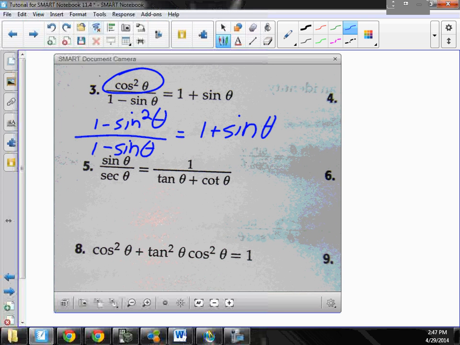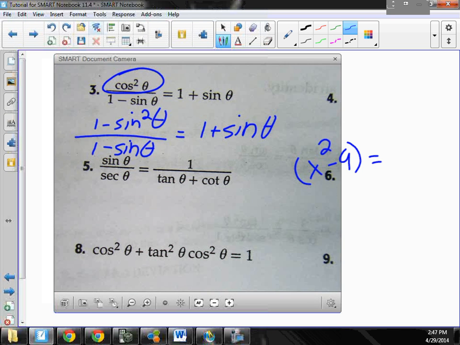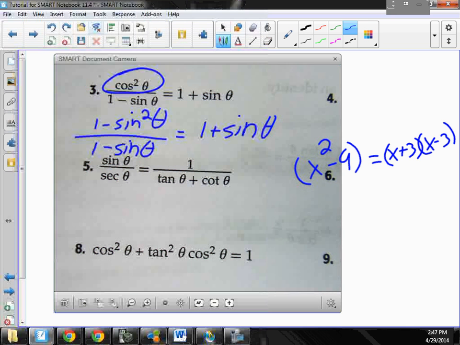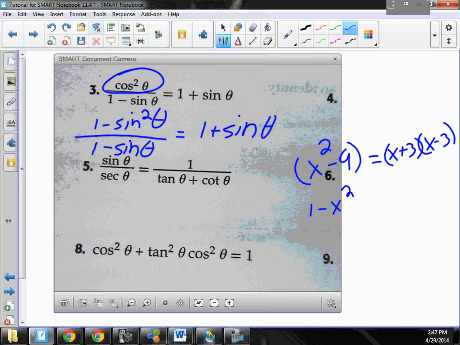Okay, help me out. X squared minus 9. Does that factor? How does it factor? X plus 3 times x minus 3. Okay, what about 1 minus x squared? How does that factor?